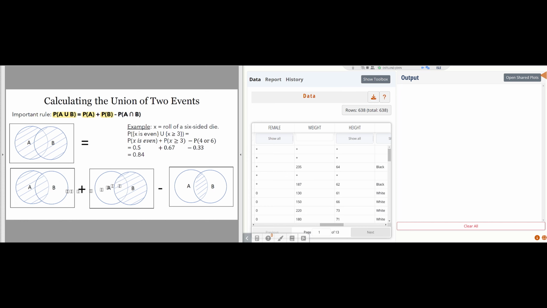But notice here that if we just add those two values together, we're double counting this intersection, so we also have to subtract one copy of that intersection. Okay, so the probability that this person is a man plus the probability that this person is 6 feet tall or more, minus one copy of the probability that the person is both a man and greater than 6 feet tall.